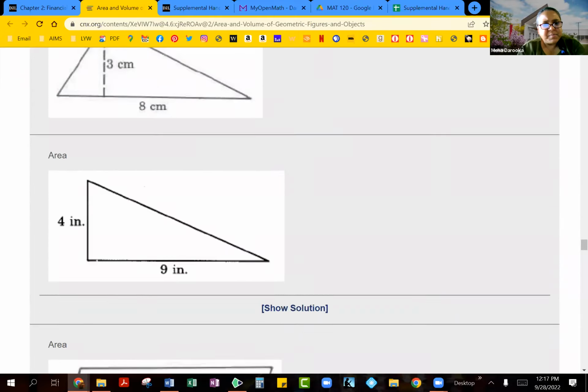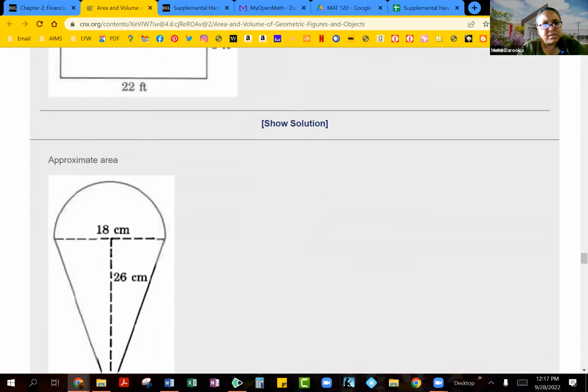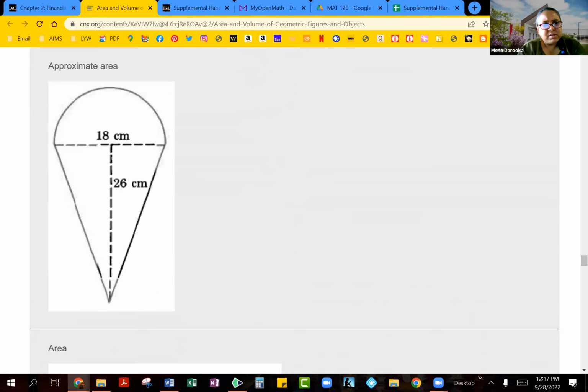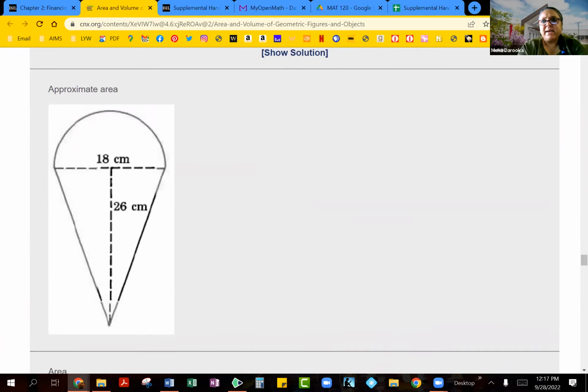I think these guys are pretty straightforward. Let's do this guy. They're asking us to find the approximate area in this case. We had done something similar, but we had done the perimeter of that shape. This one here, we're talking about approximate area. So what are you going to break it down into? What are our two shapes going to be for this guy?